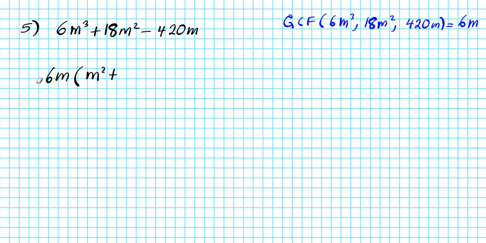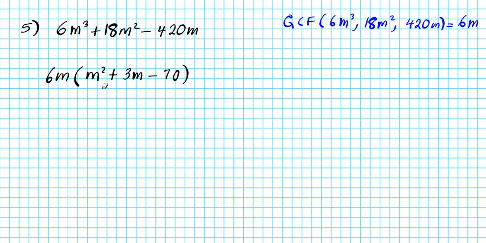When you divide 18m squared by 6m, you are left with 3m. And lastly, when you take out 6m from 420m, you're left with 6 times 7 is 42, so we have 70m. You can always check your factorization by distributing back to make sure that you end up with the original expression.